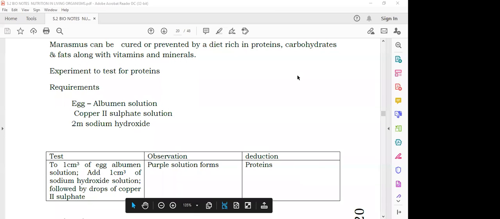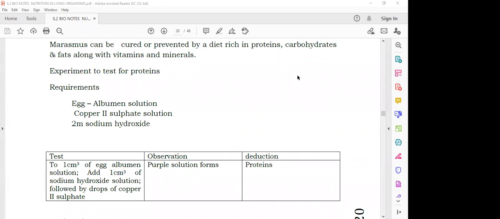Now that we know some food nutrients, some sources of proteins in the body, we can go ahead and know, if I want to carry out a test for proteins, which kind of foods can I use? In the lab, mostly we use egg albumin.